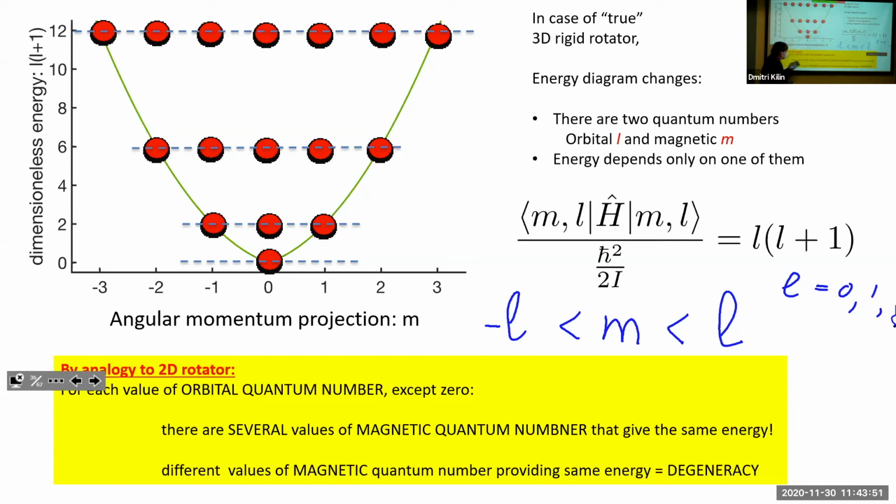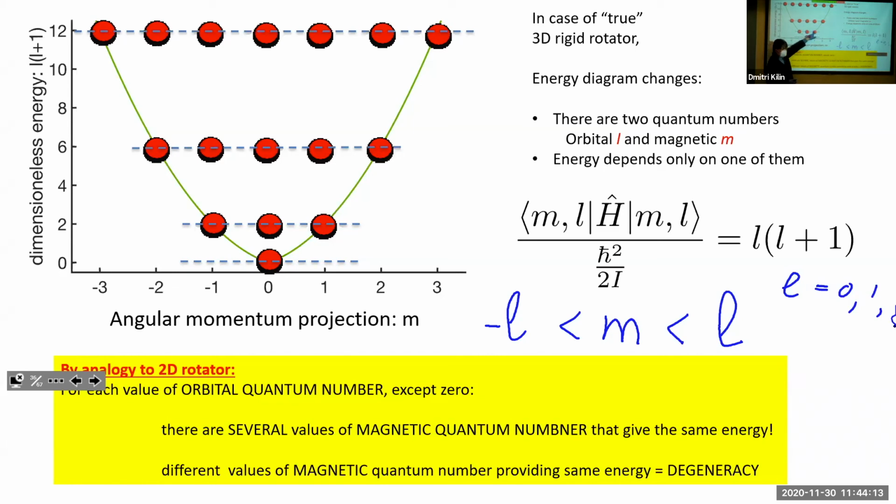And if you place this solution in the same diagram, we can describe it in the language of degeneracy. The higher the energy, the larger the number of states that provide the same energy. So for the lowest state, it will be only 1.